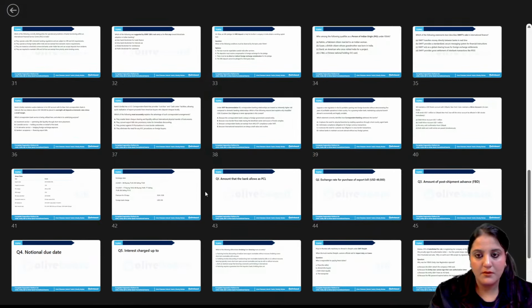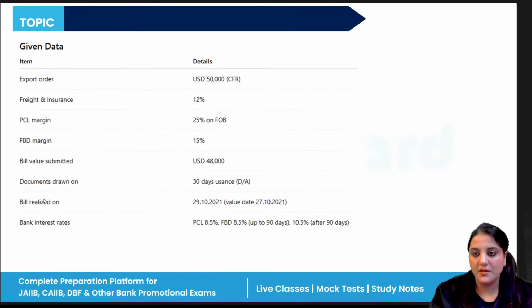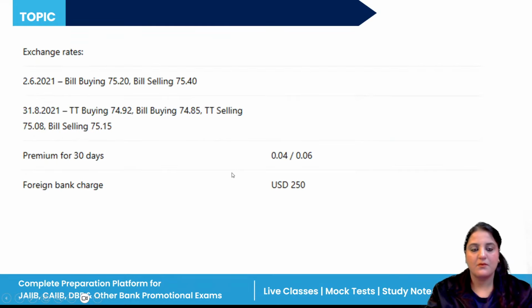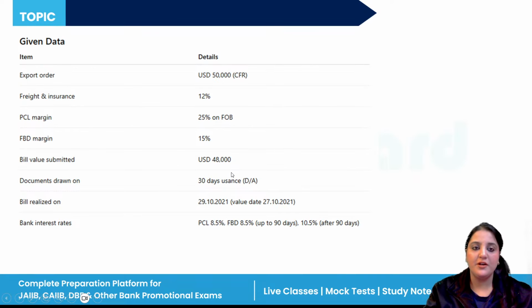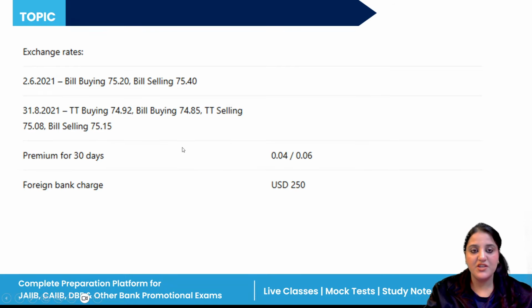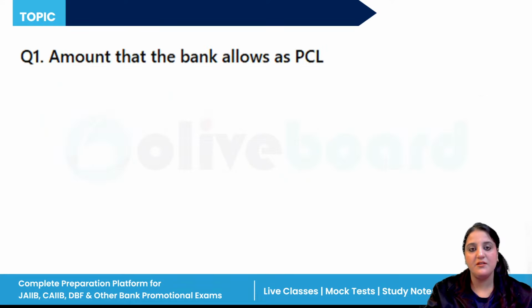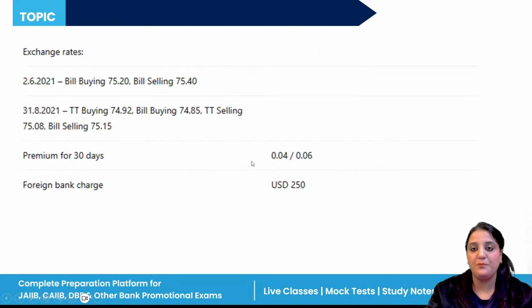Now let's do this case study here, where export order is given, freight insurance is given, PCL margin is given, FBD margin is given, bill value submitted, documents drawn on after 30 days, bill realized date is given, bank interest rates are given, exchange rates are given here, premium given, foreign bank charge given. So we have to calculate the amount that bank allows as PCL.